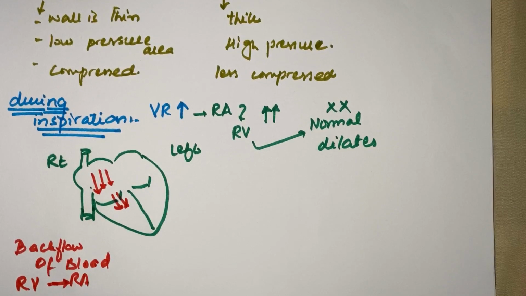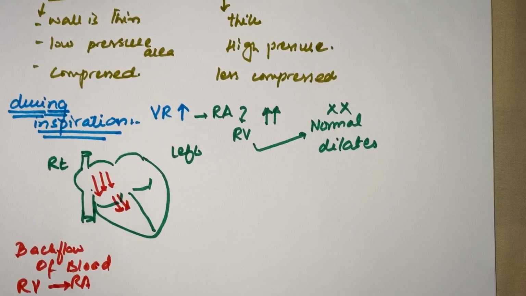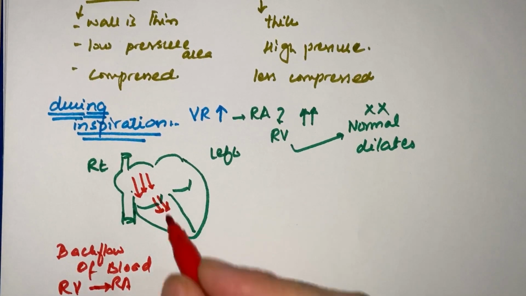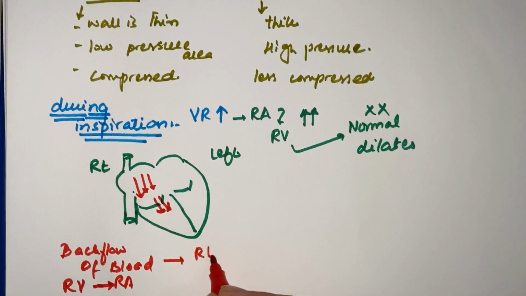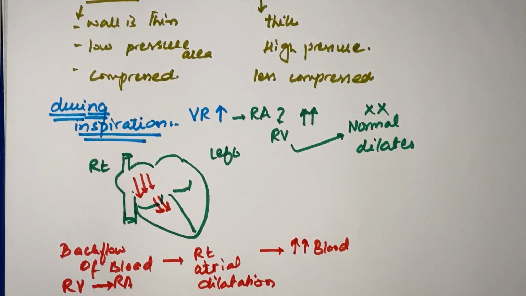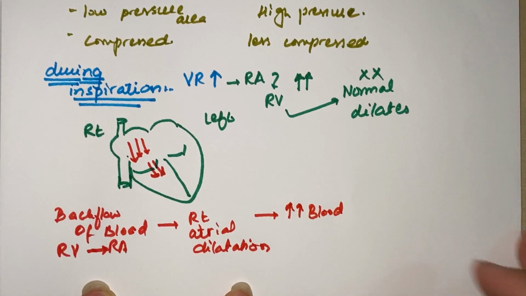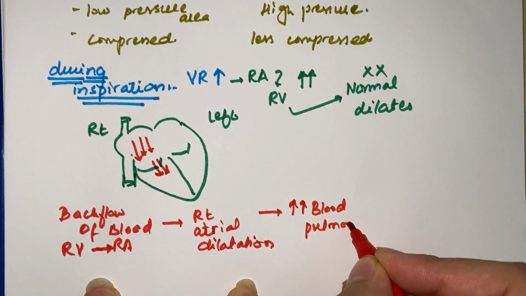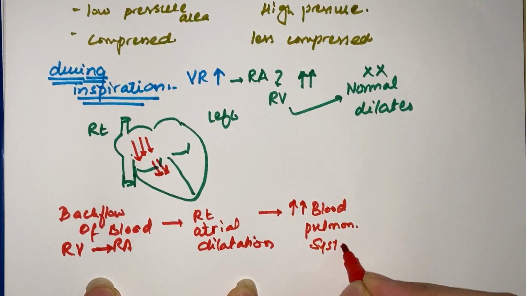Because the right ventricle can't accommodate this extra amount of blood. Fine. So this backflow of blood, first of all, causes right atrial dilatation, and it causes an increased amount of blood pooling back in the venous circulation, both the pulmonary veins as well as the systemic veins.